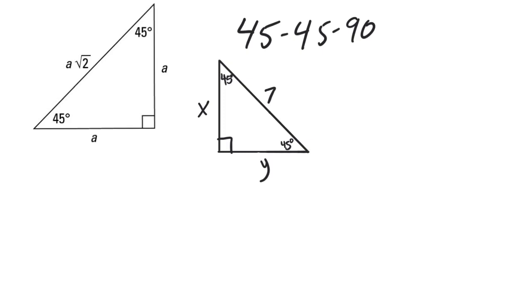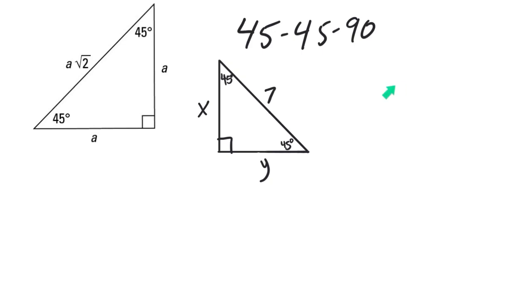Okay, for this example, you're basically doing the same thing. I did want to show you, though, what it looks like if our hypotenuse is an odd number. Last time we had an even number, so when we divided by 2, it reduced down. When you have an odd number, you still do the same math. You just don't do that last step where you reduce it.